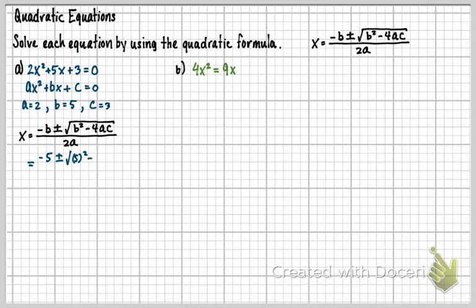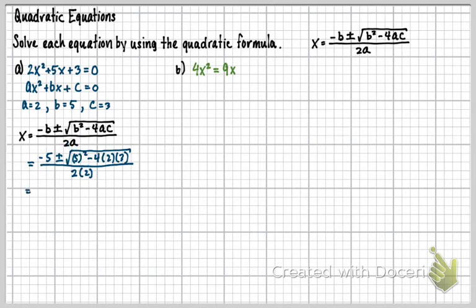And this is going to be a minus 4, and then my a is 2, and then my c is 3. And that's all underneath the square root. Now be careful here, this line that's underneath goes under that negative 5 as well. So now on the bottom here I get 2 times 2, because my a is 2.